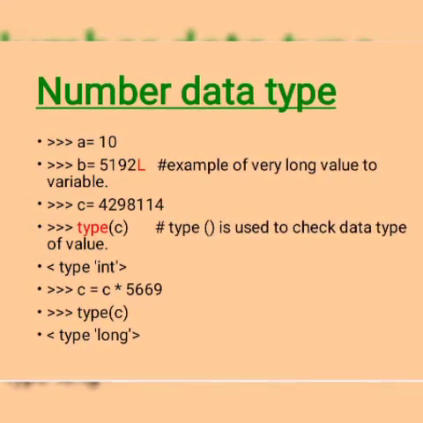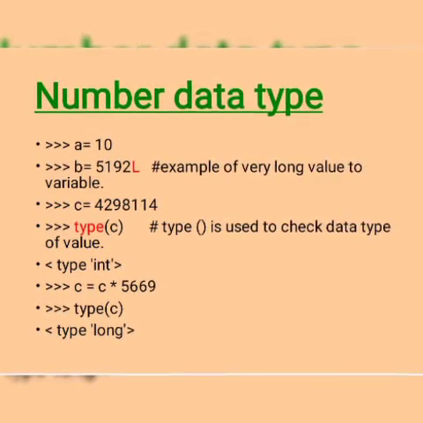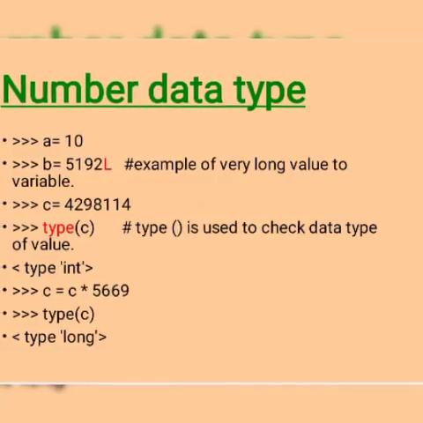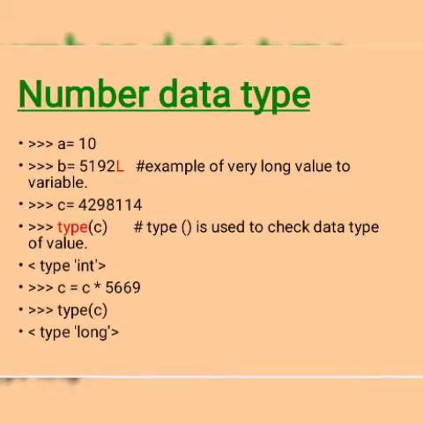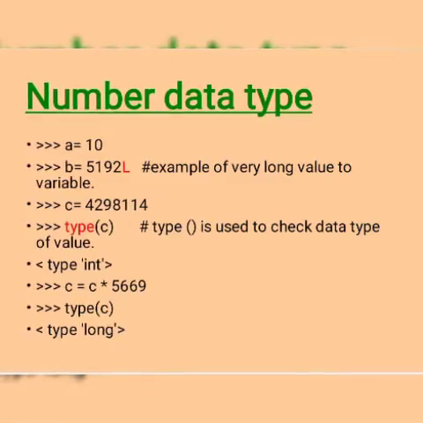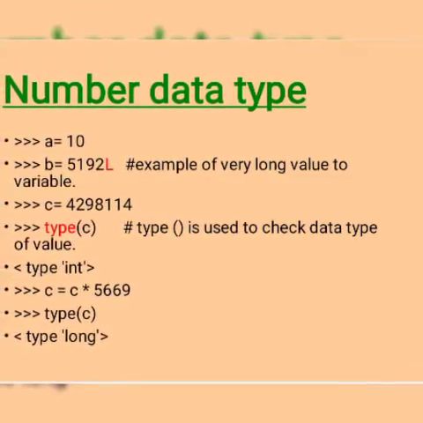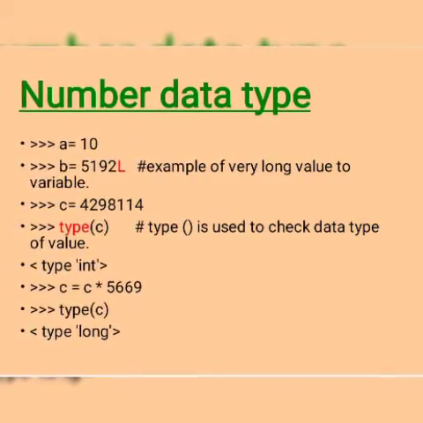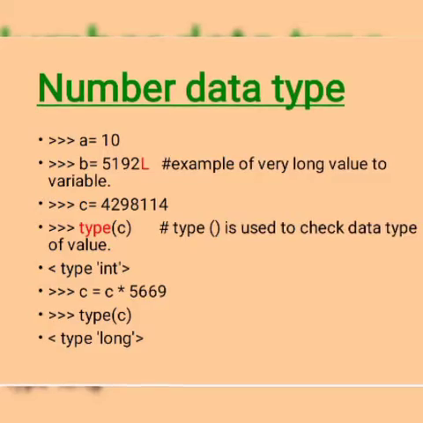Then we have another variable, that is c is equal to some number. We have written the number. Then we have another command, that is type(c). This tells us what type of data c is holding.